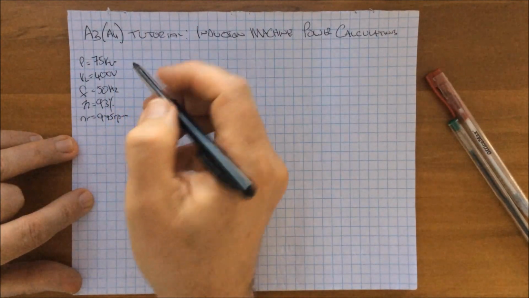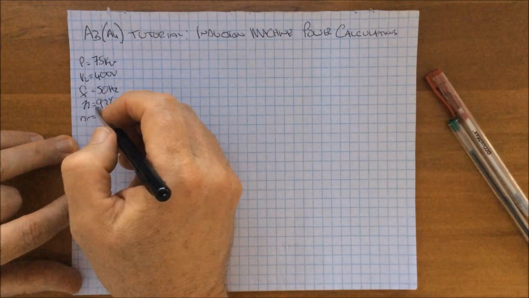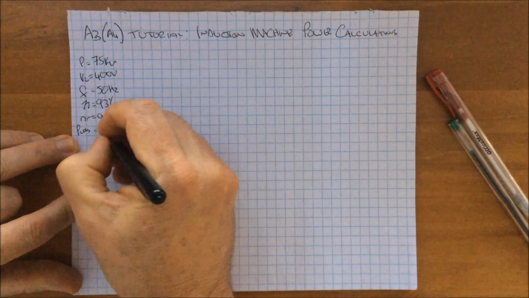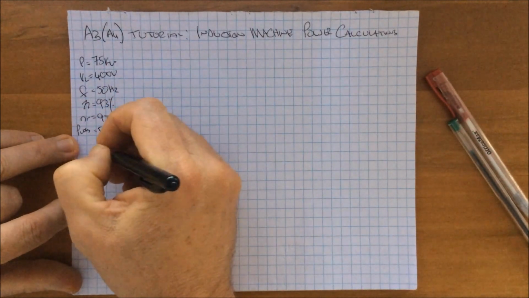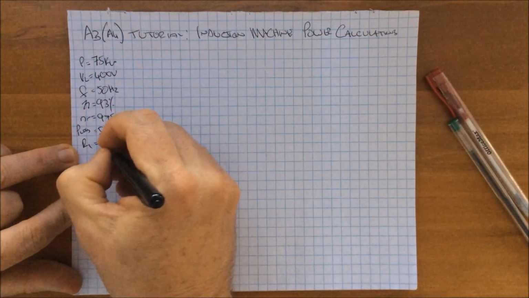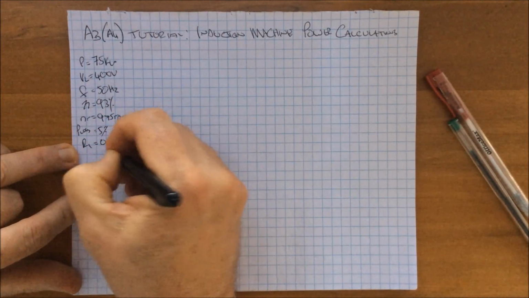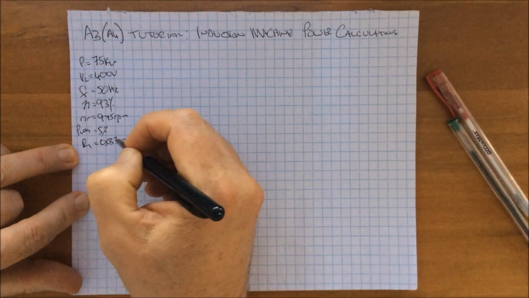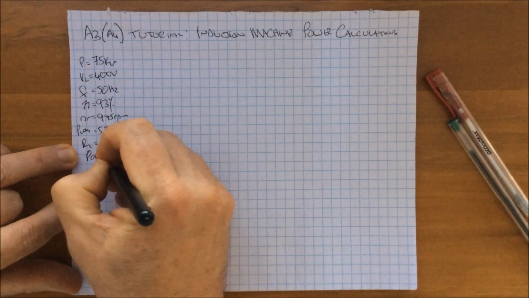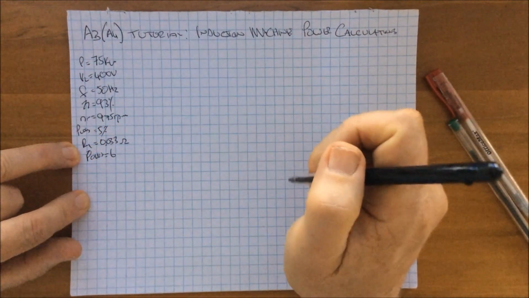The machine has losses at the rated speed of 5%. We know that R1 is 0.33 ohms, and it's a 6-pole machine. So these are the sorts of things you get given in a question.